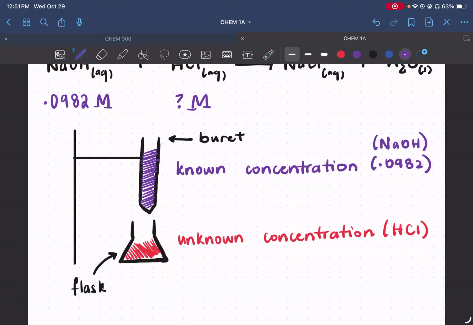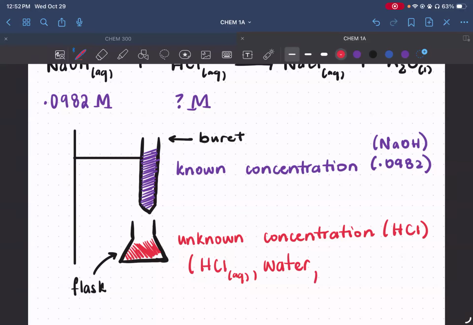What else is in the flask? Okay, well, we just said that in the flask is HCl. We know that HCl, of course, is aqueous, which traditionally means that we had to dissolve it in water. So there's water in the flask as well.